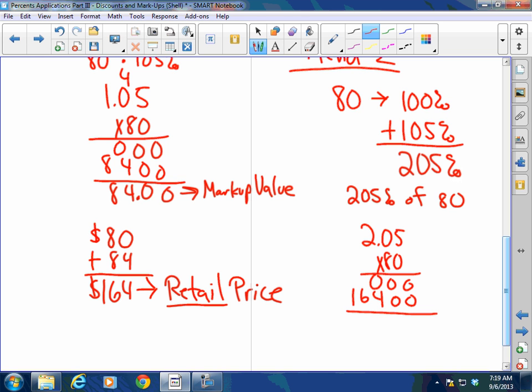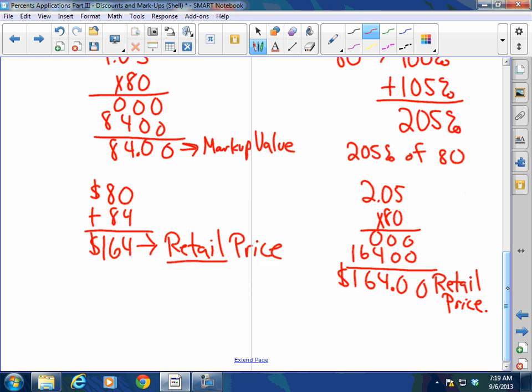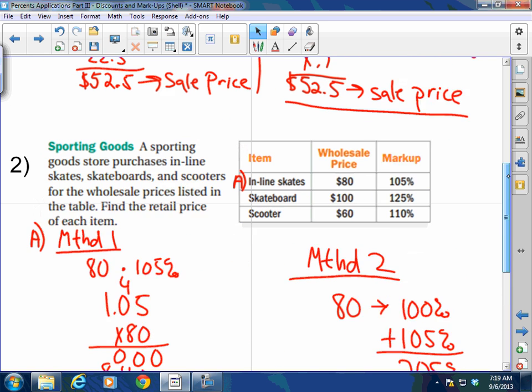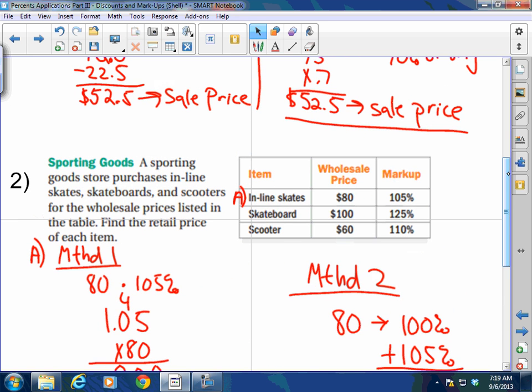and you've got $164 is your retail price. Okay? Now, I want you at home to go ahead and do the skateboard cost and the scooter cost after the markup.